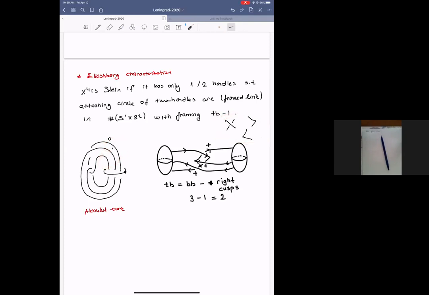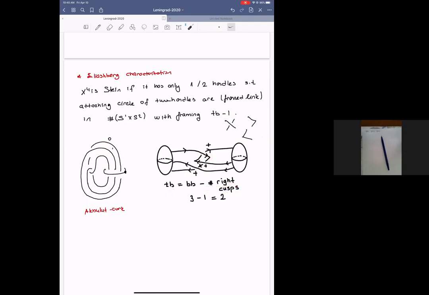So you put it in this position, like your circle in here looks like that, which is the case here. Then the Thurston-Bennequin number, TB, is calculated as the blackboard framing, which is the writhe of this knot, meaning you just count the self-intersections, how many times it turns around itself, minus the number of right cusps, which is here 1.